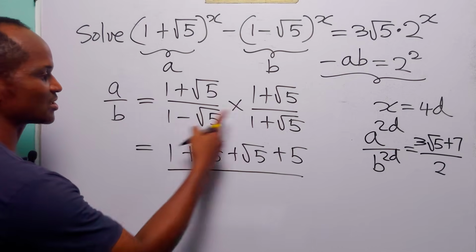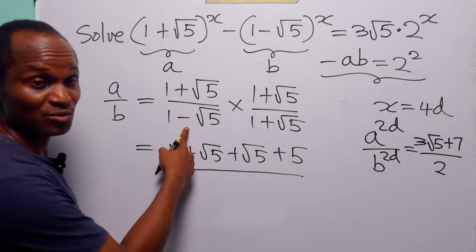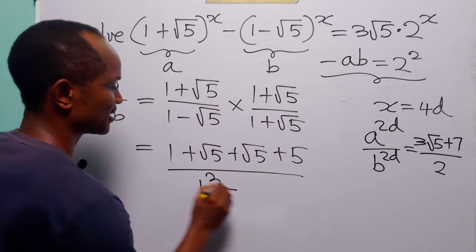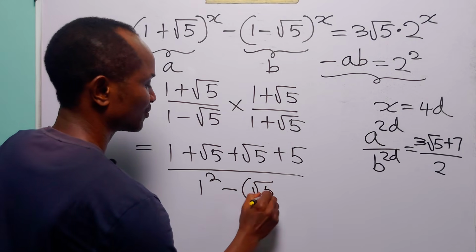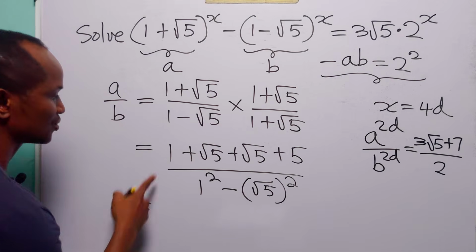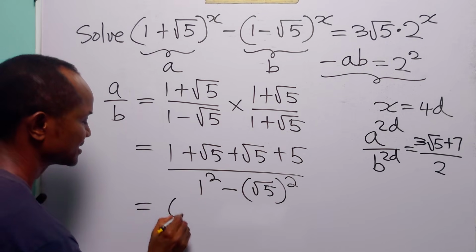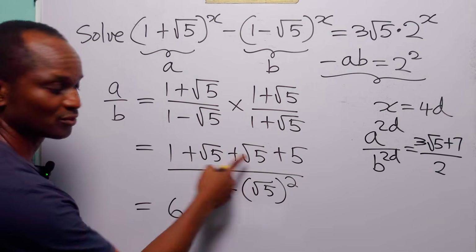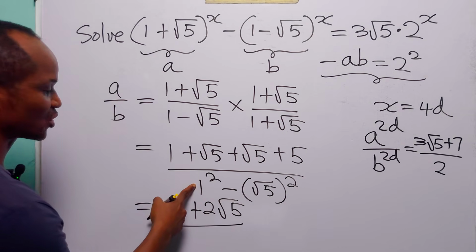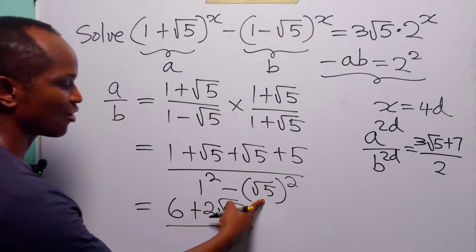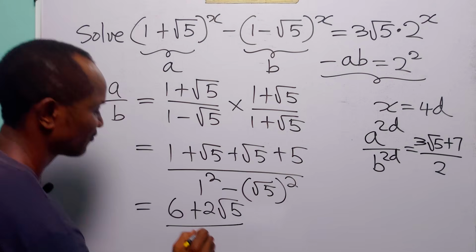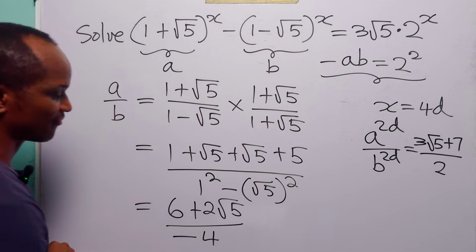Divided by, now once more, you see the difference of two squares. So to multiply these two, all we have to do is 1 squared minus root 5 squared. Now this is equal to 1 plus 5 is 6. Root 5 plus root 5 is 2 root 5. And of course, 1 squared is 1. Root 5 squared is 5. 1 minus 5 is minus 4. So here we have minus 4.